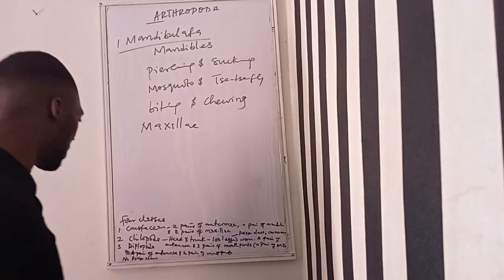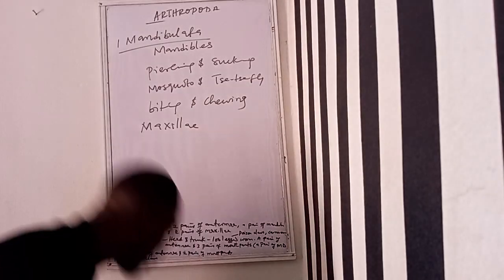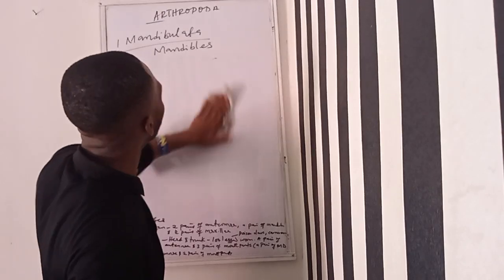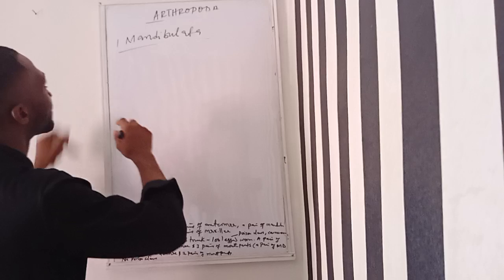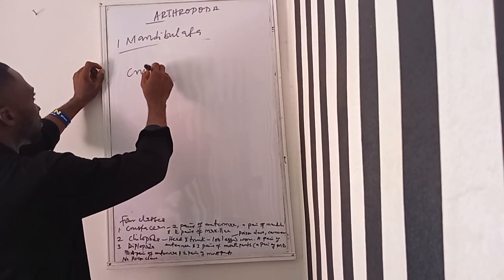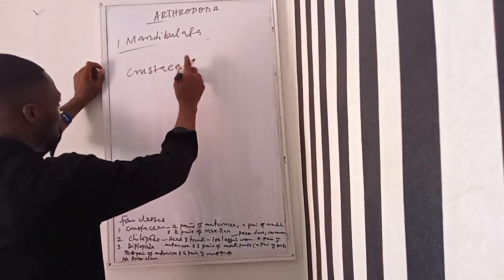So for the four classes, the first class is the crustacean.